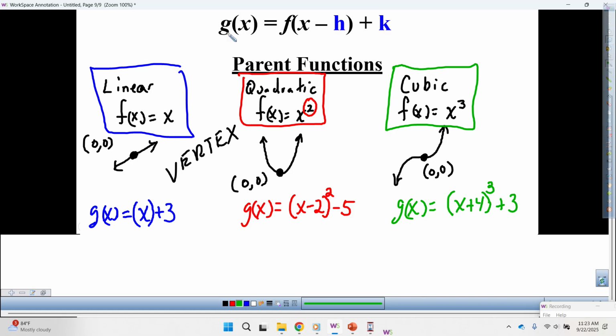Once again, we're using which lens? This lens of this general rule. What functions are we using, parent functions? Linear, quadratic, and cubic. Are we there so far? By the end of this week, we should be experts at these because we're about to introduce some more functions and more parameters.